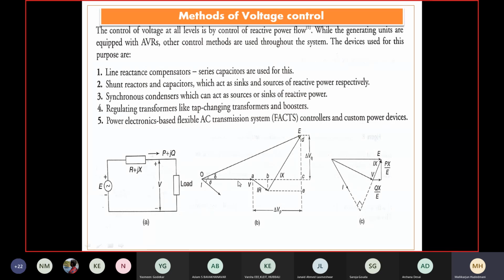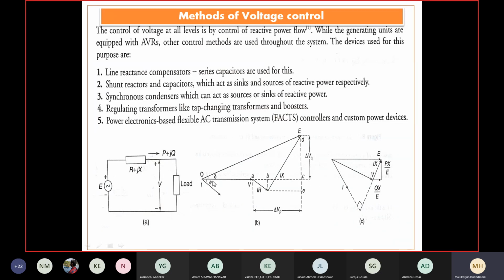Having seen OA as the vector of terminal voltage, with current lagging behind the voltage for the inductive system, and IR and IX being two drops, we can construct this vector diagram. Then I can construct a few points, projections, dotted lines you can see as projections.